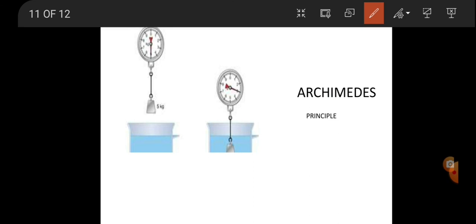When a body is partially or completely immersed in a fluid at rest, it experiences an upthrust equal to the weight of the fluid displaced by it. The apparent loss of weight is equal to the upthrust.